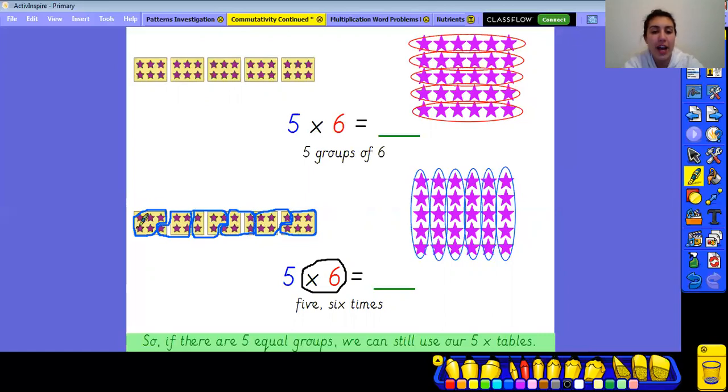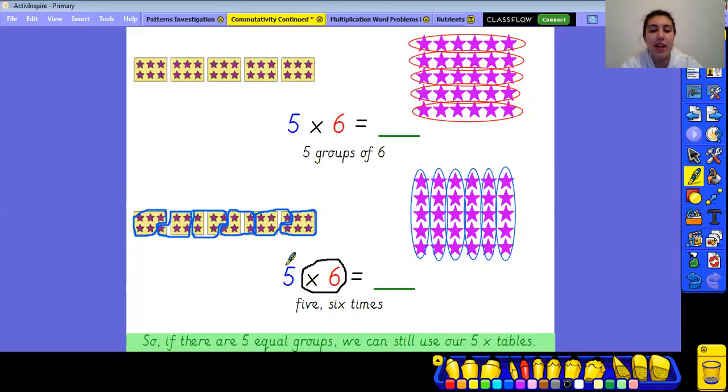So I've now got 5 stars 6 times. So I didn't even need to change the order of these because I can look at multiplication in a slightly different way and say that I've got 5 6 times. So just like before, I count 5 6 times. So I've got 6 fingers, 5, 10, 15, 20, 25, 30, which we just did.